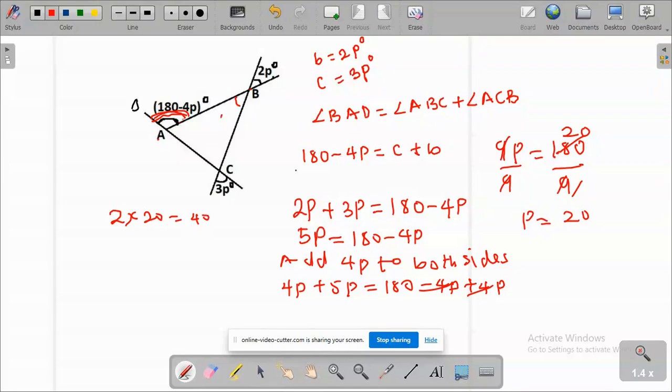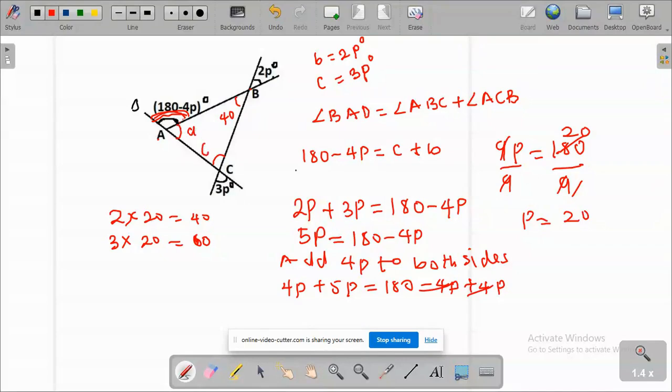So this angle here is 40 degrees. Then this angle here is 3p, the same thing as here, because they are vertically opposite angles. So that means this is 3 multiplied by 20, and that gives 60 degrees.